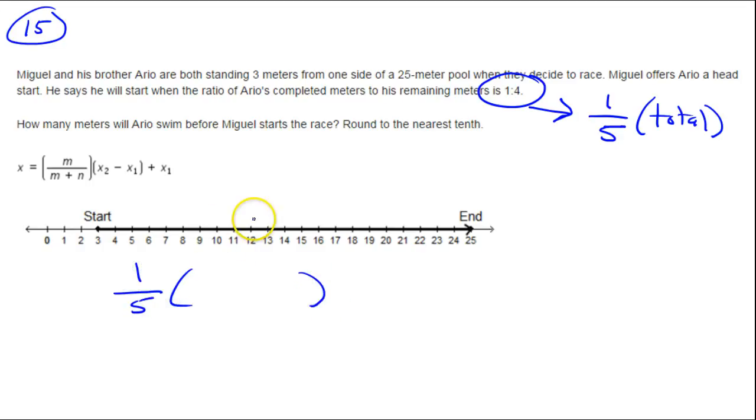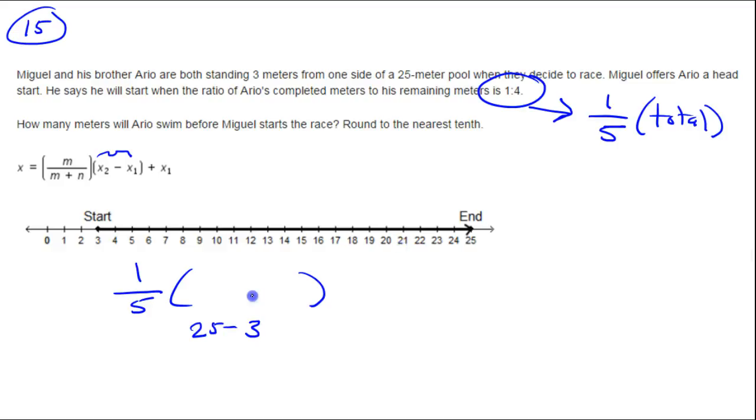Remember, an easy way to find the total is to do the second number minus the first number, which is what this means. x2 minus x1, the second number minus the first number. So the total is going to be 25 minus 3.